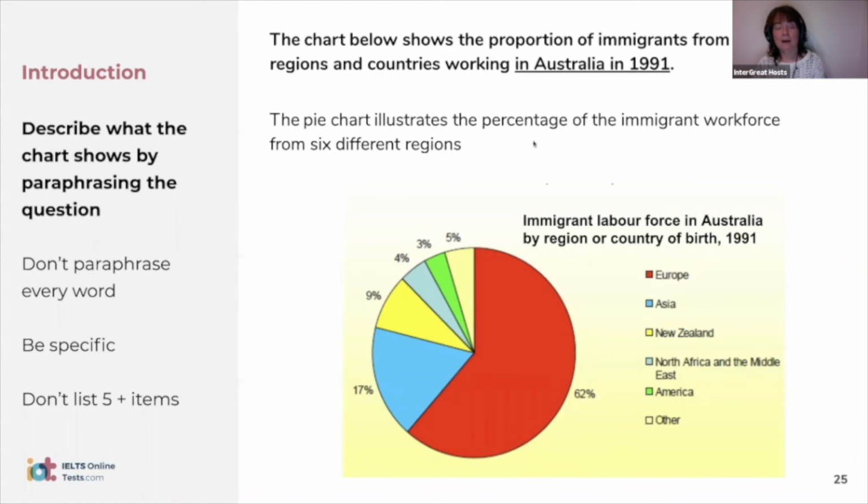Different geographical locations would be fine, different places. Yeah, those are all good. And as we mentioned, in Australia in 1991, we don't need to do anything with that. So sometimes synonyms work best, sometimes grammar works best in terms of the paraphrasing.